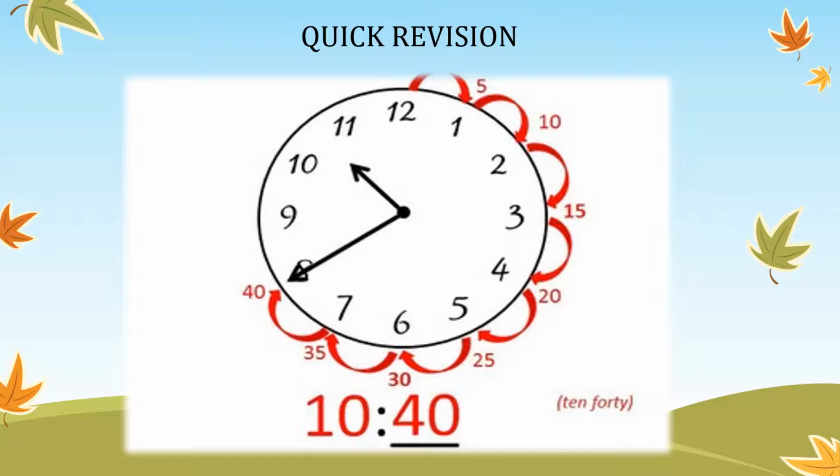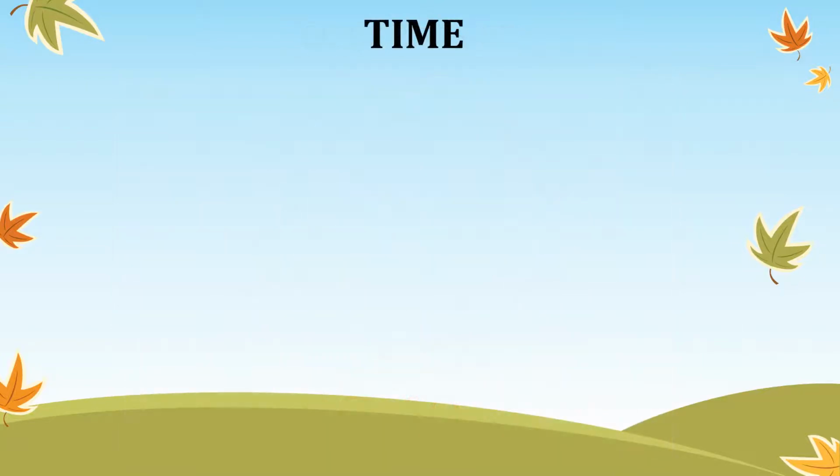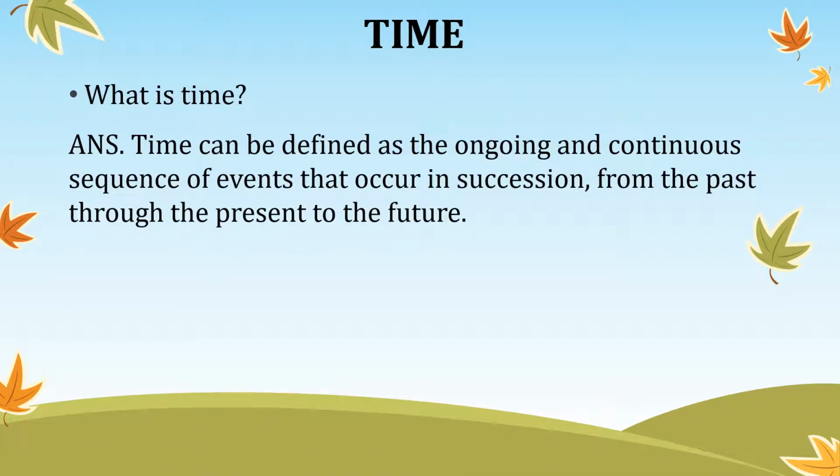Okay, let's move to the basic part of the time, which is the explanatory part of the time, which is what is basically time. Time can be defined as the ongoing and continuous sequence of events that occur in succession from the past through the present to the future. आपको ये समझ में नहीं आया होगा.